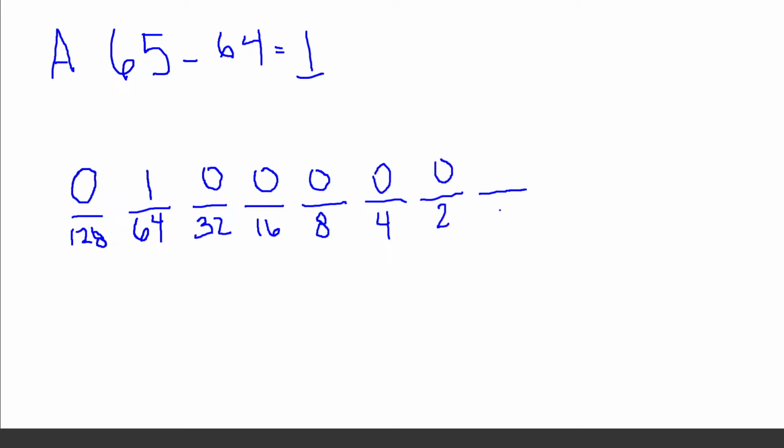No. 1 gets me to 0. 1 minus 1 is 0. So I can put a 1 there. So my binary representation for the letter A, the pattern that corresponds to the letter A, is 0, 1, 0, 0, 0, 0, 0, 1. That's how we do that conversion.